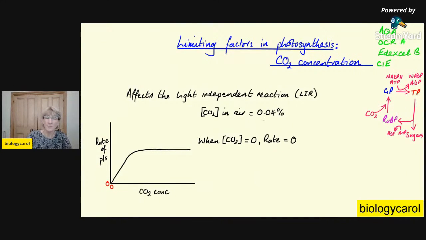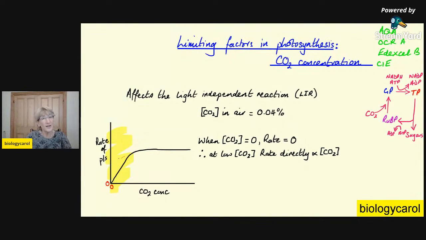And again, that means that in these low concentrations of carbon dioxide, the rate of photosynthesis is directly proportional to the concentration of carbon dioxide. And once again, I have highlighted where the carbon dioxide concentration is a limiting factor.